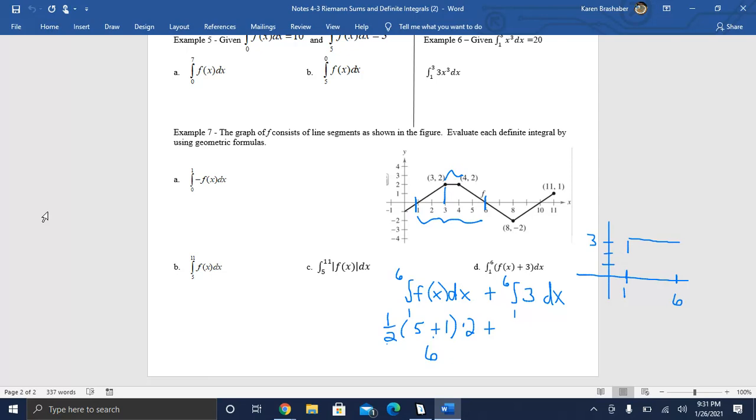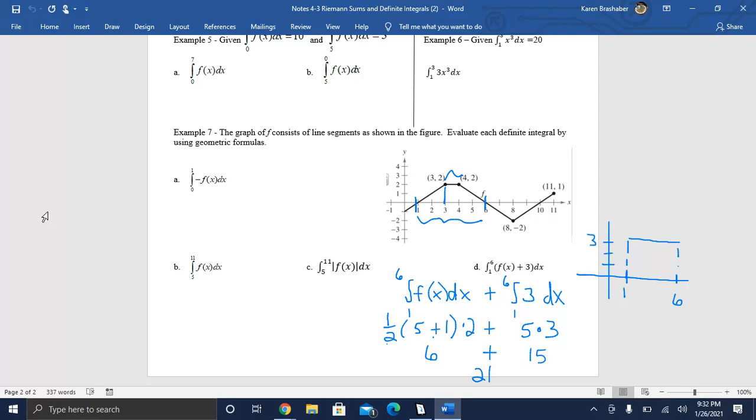So what we've really got is a rectangle that is a width of 5 and a height of 3. So we have an area of 15 for that calculation, and the whole value then would be 21.